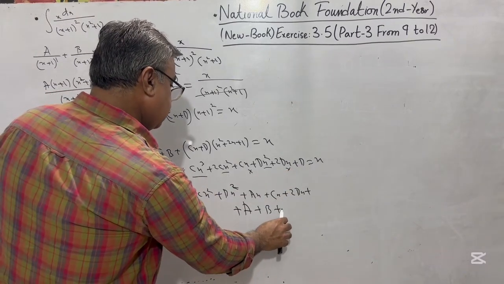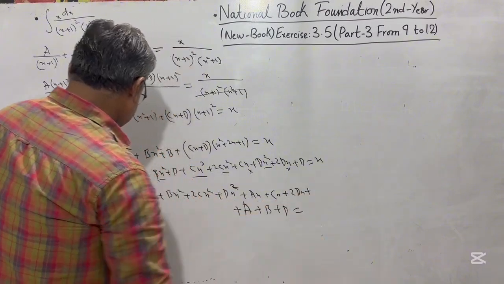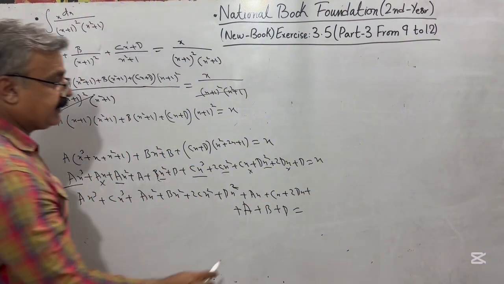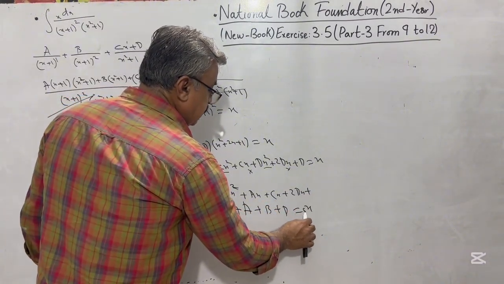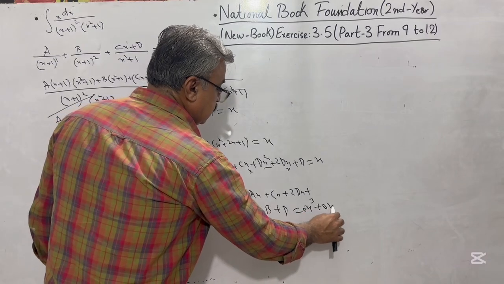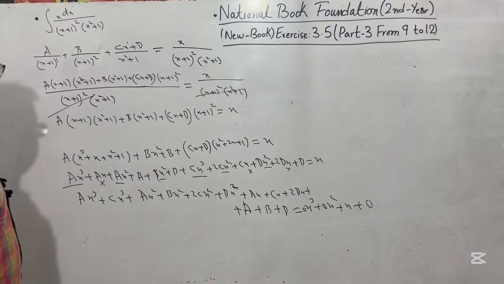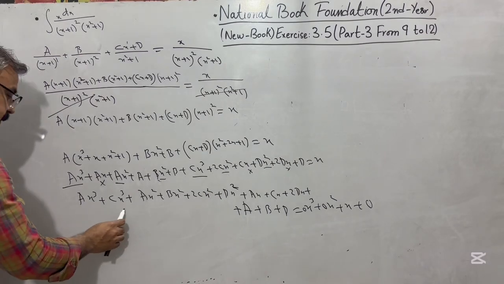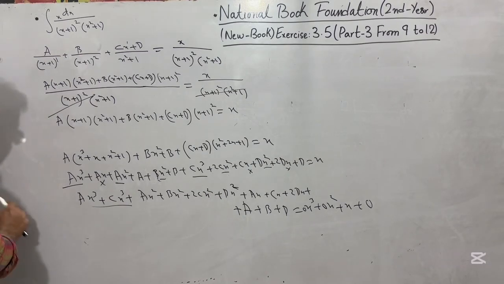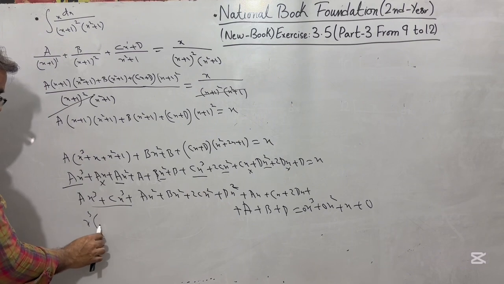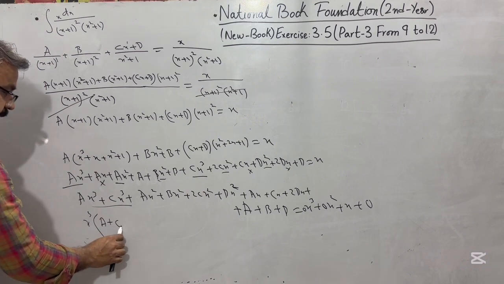No c. Plus d is equal to, I have to manage x cube, x square and x. Let me write here 0x cube, 0x square, x is there, no constant means 0. Taking x cube common, I have a plus c.